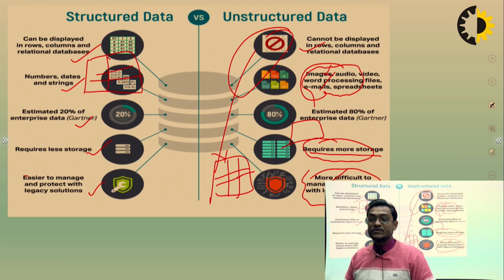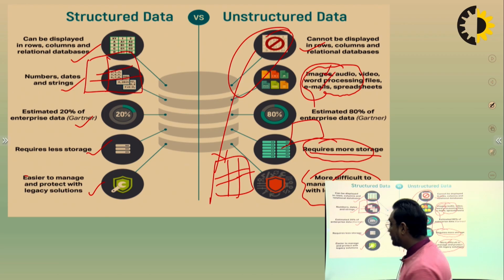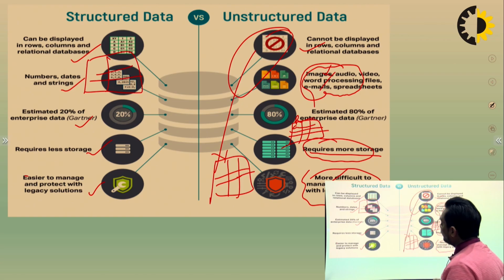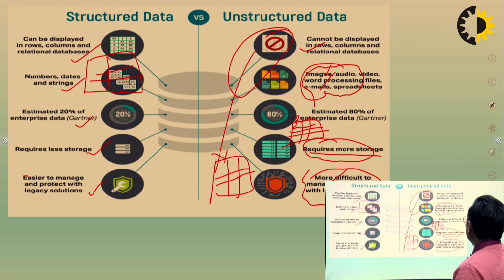It's not stored in the form of a table, or in the form of rows and columns. So unstructured data can't be displayed in rows, columns and a relational database.